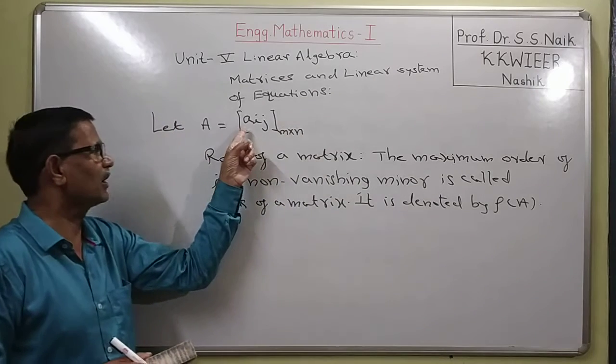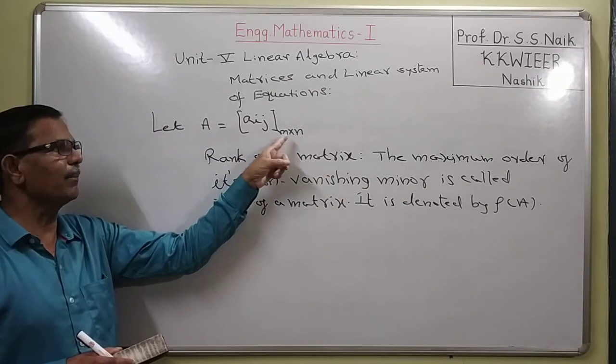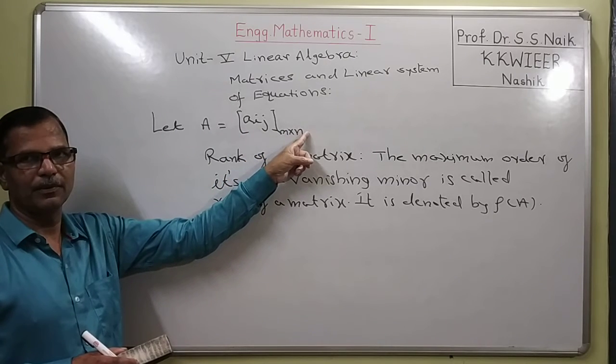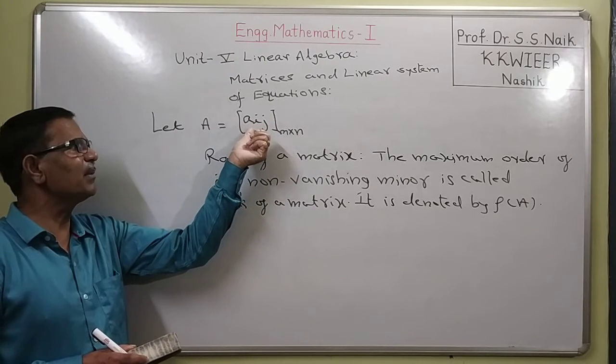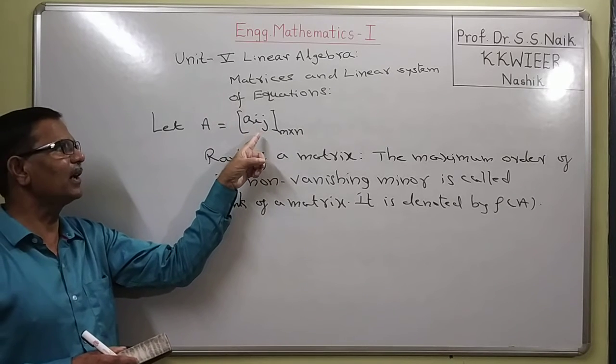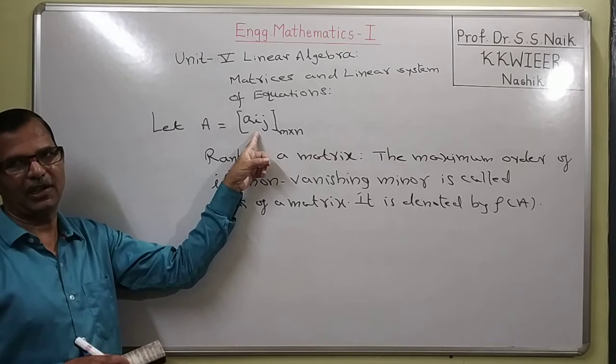So if you see this matrix, this is a matrix of order m by n. It has m rows and n columns. Then you have to find the maximum minor. That means you have to find the maximum square submatrix of this matrix.